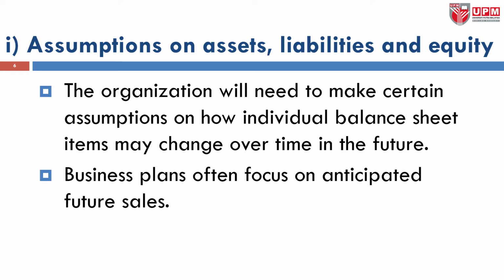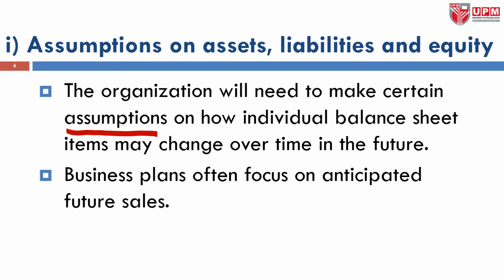In terms of the assumptions on assets, liabilities, and equity, the organization will need to make certain assumptions. So again, because it is in the future, you make assumptions on how individual balance sheet items may change over time in the future.